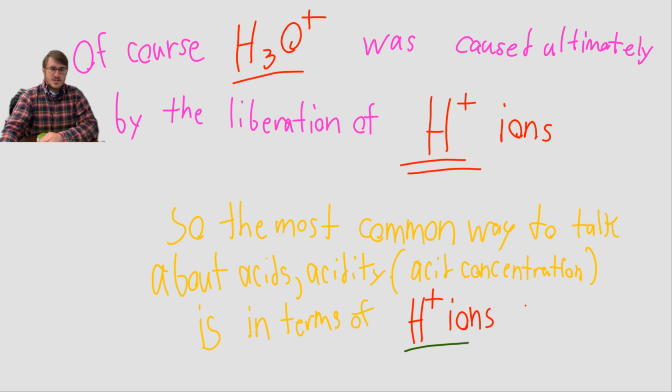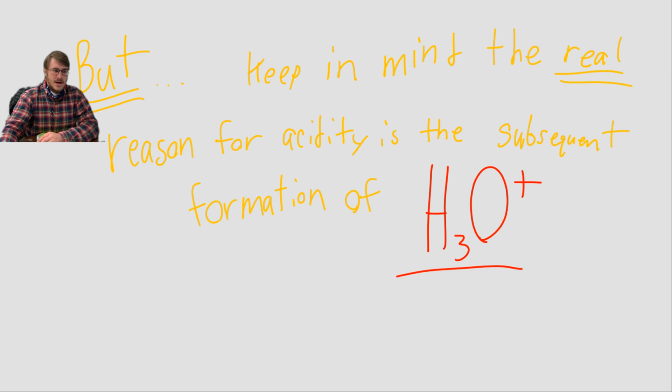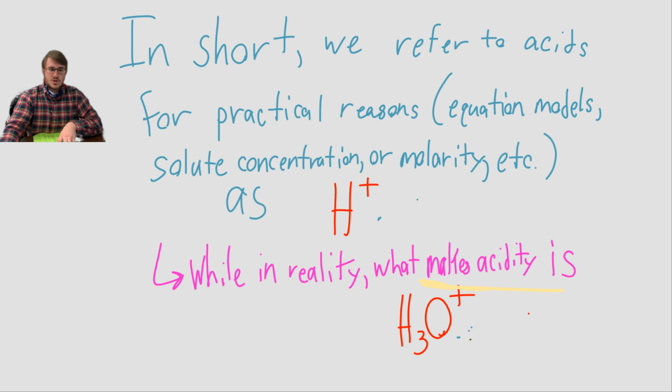We refer to acids in terms of H+, but keep in mind the real reason for the acidity is that the H+ yields the formation of H3O+. So hydronium is the driver of acidity, but in more practical terms we end up discussing acidity in terms of H+ concentration, just because it's simpler and more shorthand, and H+ creates the hydronium.